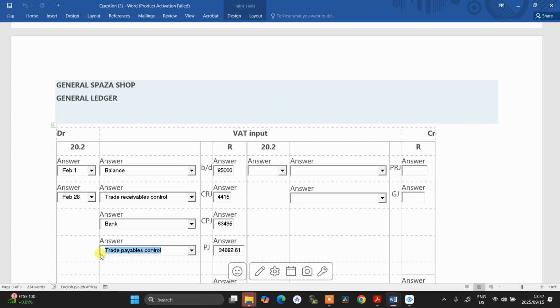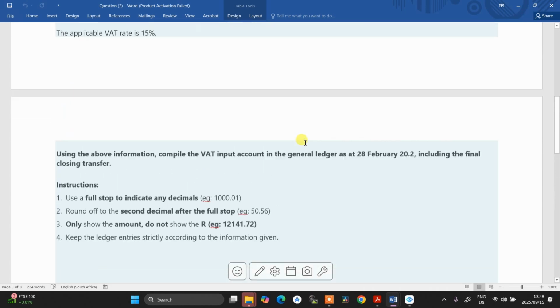Okay, and now that we are done with everything on this side, we are going to look at the information on the other side. Okay, the date that we are going to record here is going to be the 28th, and then so under the purchases returns journal, let us look at the information that we are given.